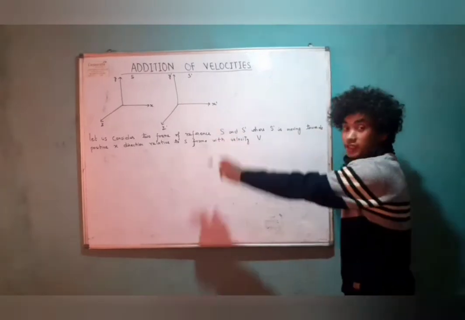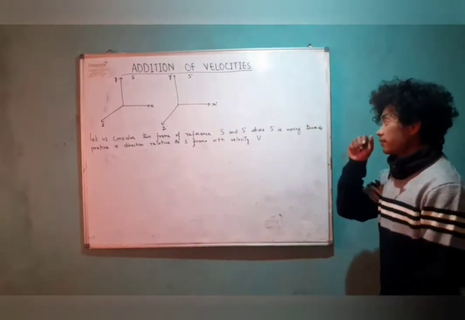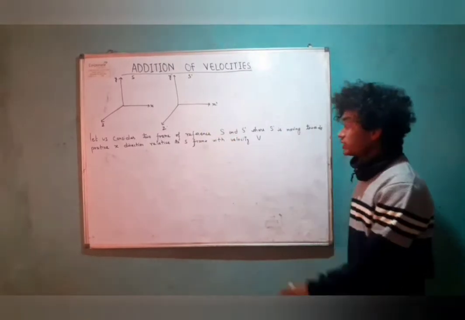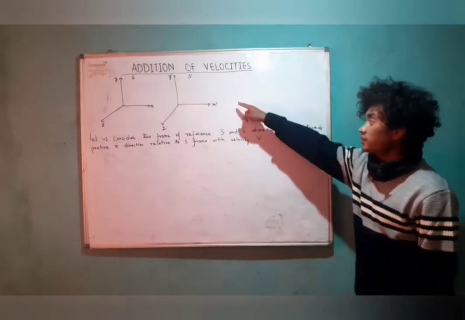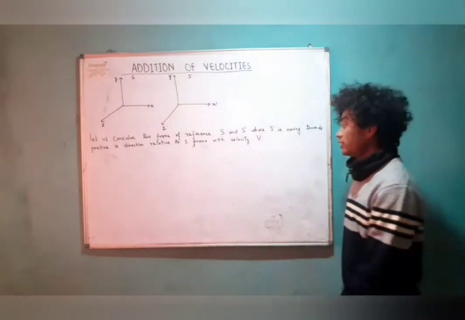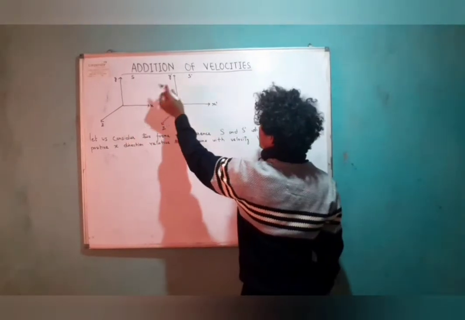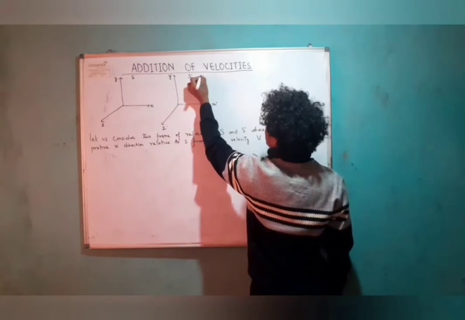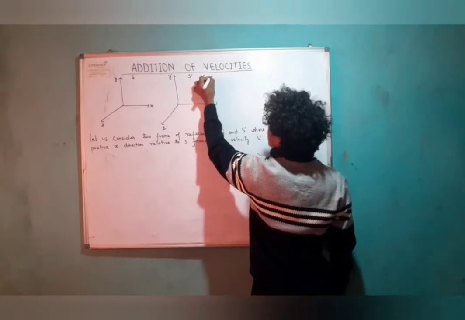So we have considered here two frames, that is S and S prime frame, and this S prime frame is moving with velocity v towards positive x direction relative to S frame.